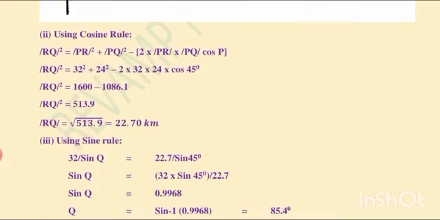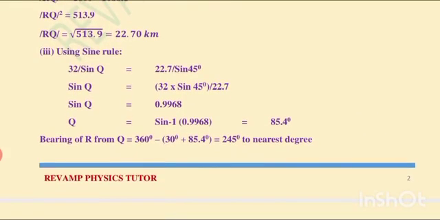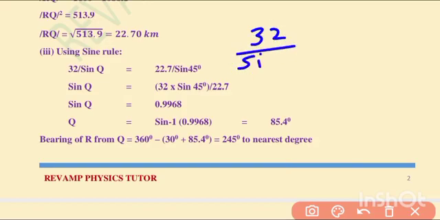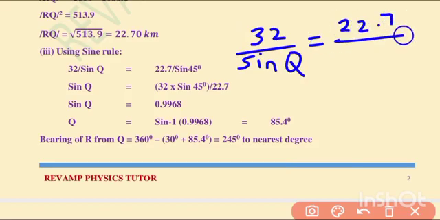Okay, let's go back to the solution, and here we use the sine rule. We've explained the sine rule in our first example. We have 32 over sine Q equals 22.7 over sine 45 degrees.